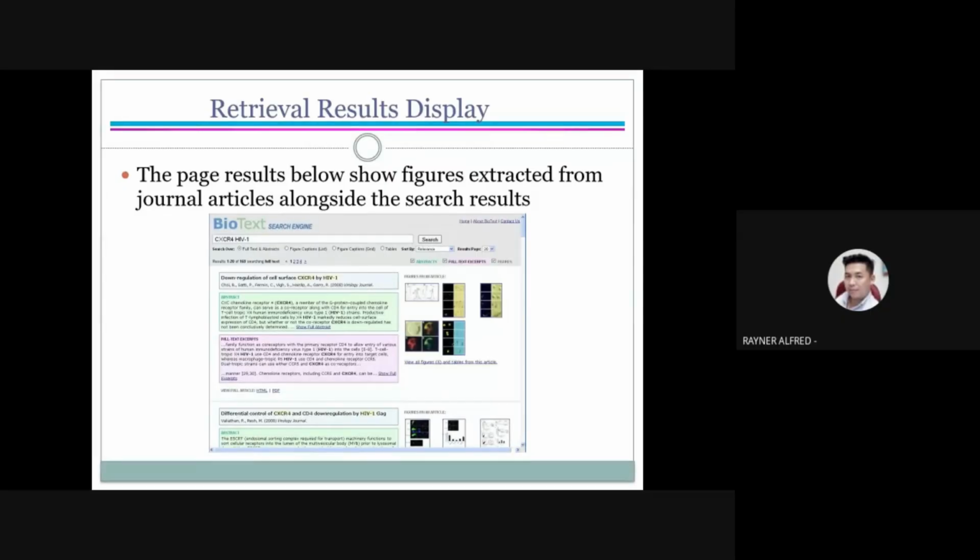Besides that, we could also display the figure at the same time that is associated with the document. So besides the abstract and the full text, we could also display the pages and the images that we have in that document.